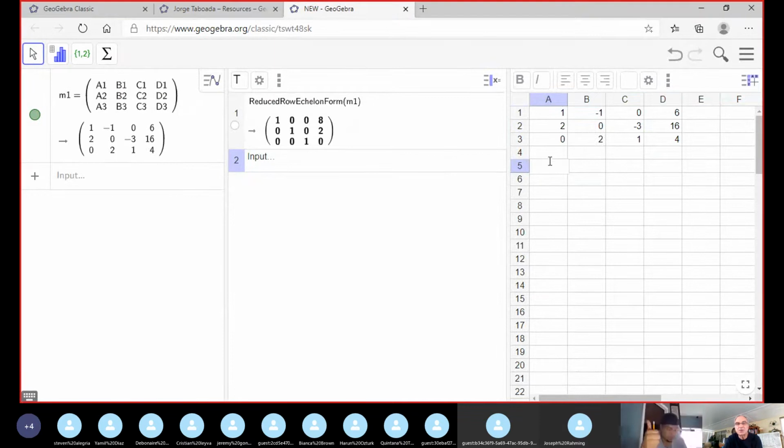I type in this. The typing is 1, tab, 1, tab, 1, tab, 1, and 4. This is my first equation. My second equation is -1, tab, 2, tab, 1 and 0. And the right-hand side, 0 again.